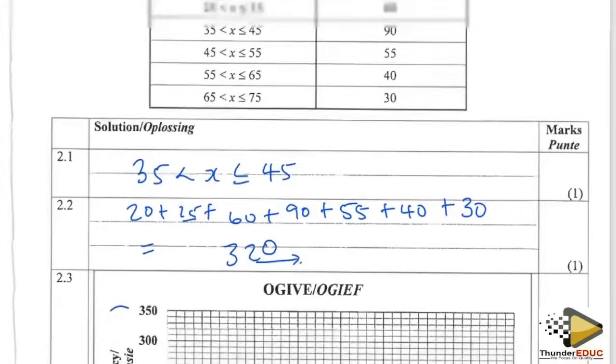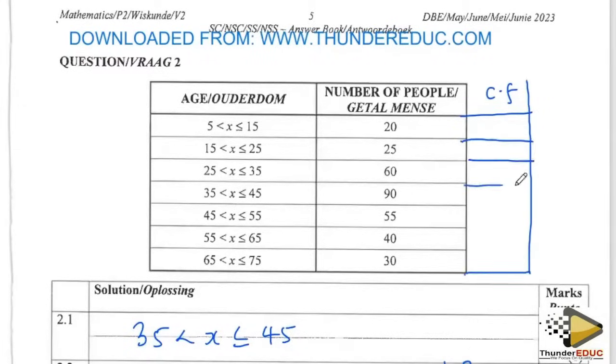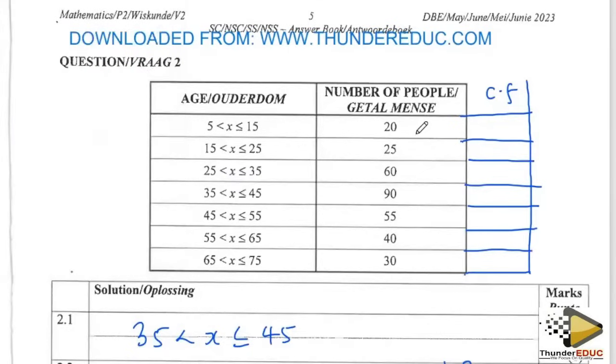But from the information, we don't have the cumulative frequency, so we need to create a column for it. When plotting a cumulative graph, we don't use the frequency. So the first frequency will represent the first cumulative frequency.